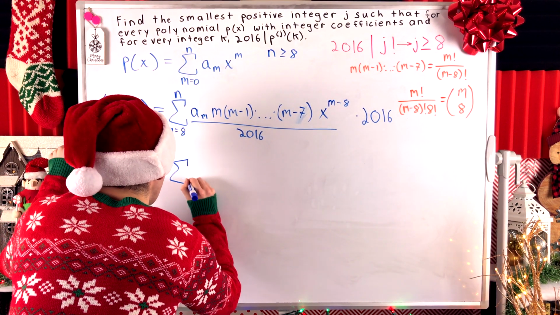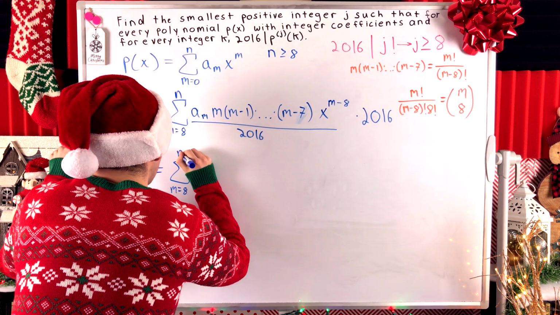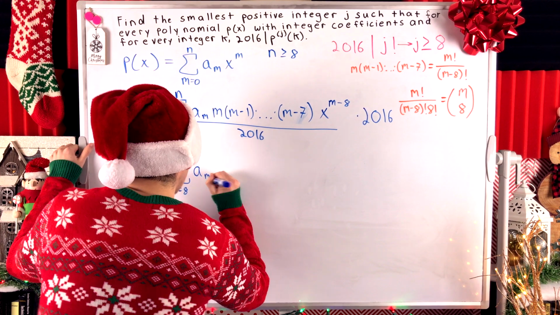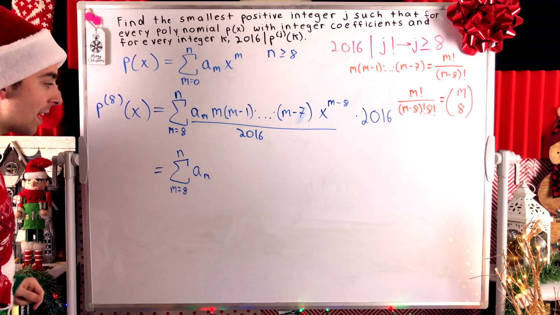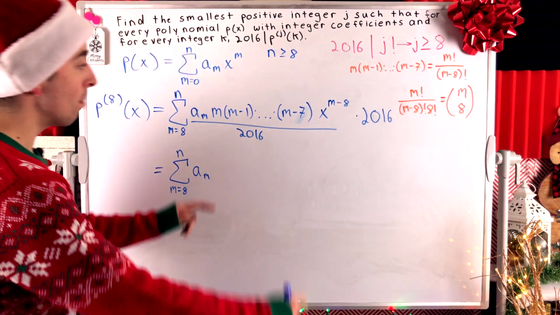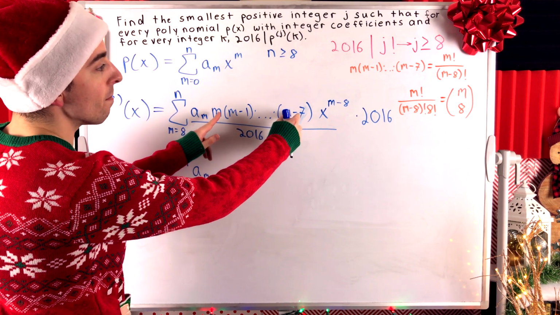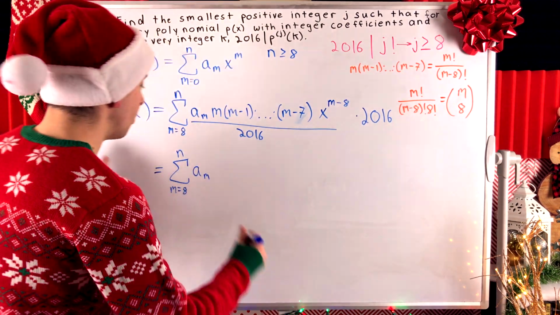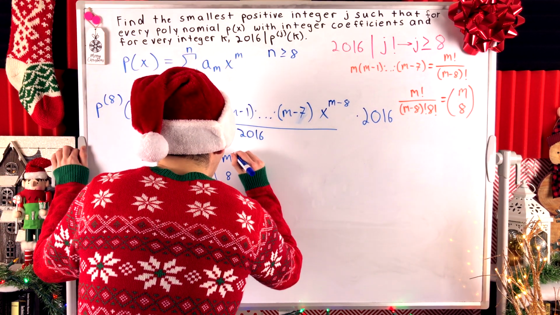If I lost you in the last minute or two, hopefully this will get you back up to speed with what we're doing here. Now we are writing our 8th derivative, again, as this sum from m equals 8 to n with our coefficient am, but now we're replacing m times m minus 1 down to m minus 7 with this binomial coefficient m choose 8.